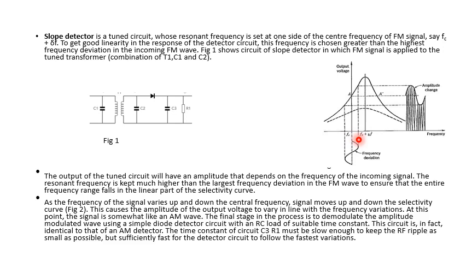As we can see from this figure, this is the frequency of the carrier signal, or we can say this is the central frequency of FM. This point is the highest frequency of the FM signal, and this point gives the lowest frequency of the FM signal.